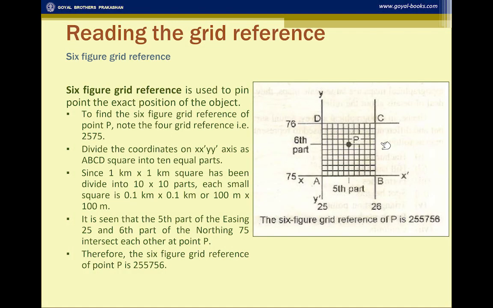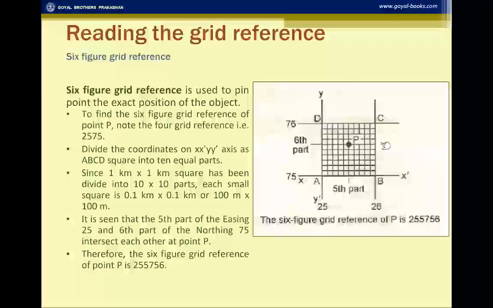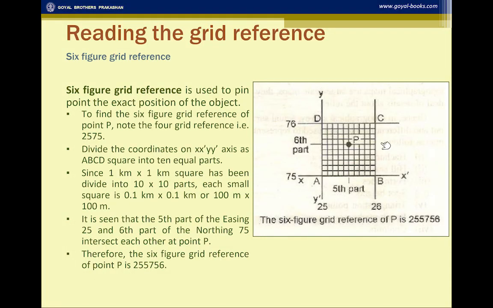To find out the exact position of the point P, we have to study the 6-figure grid reference. What is a 6-figure grid reference? 6-figure grid reference is given within the 4-figure grid reference.